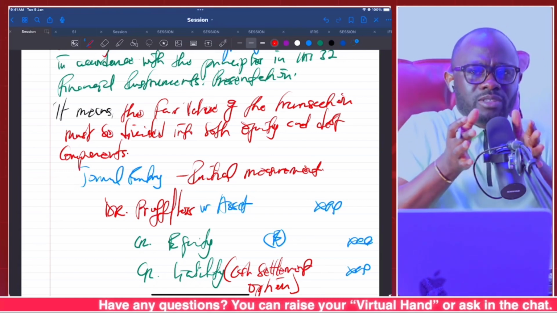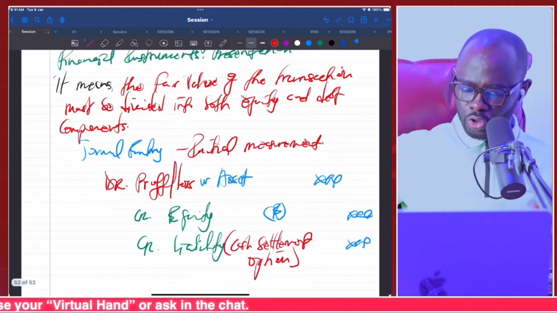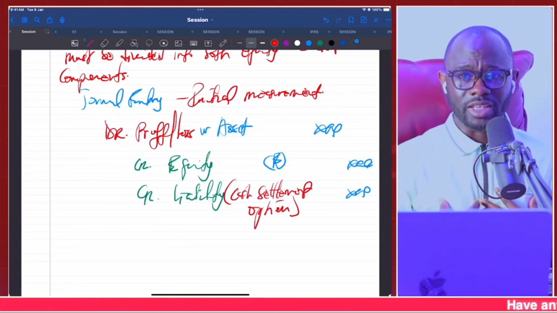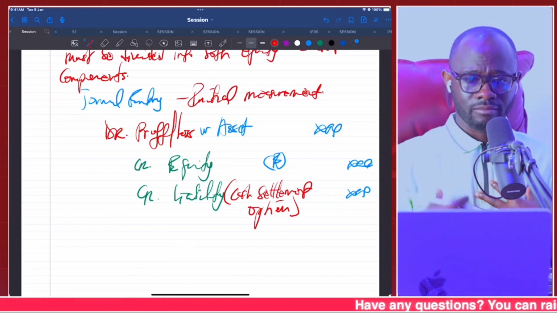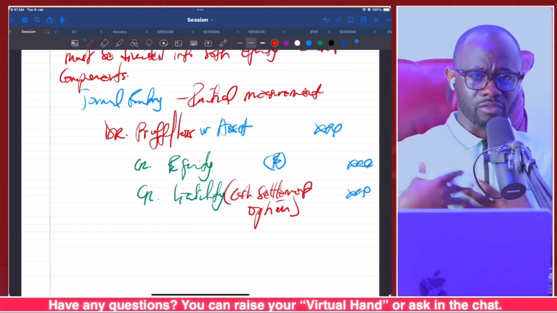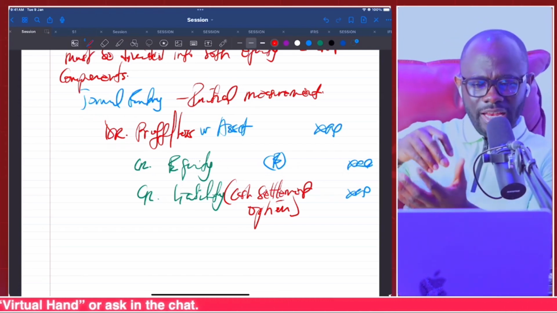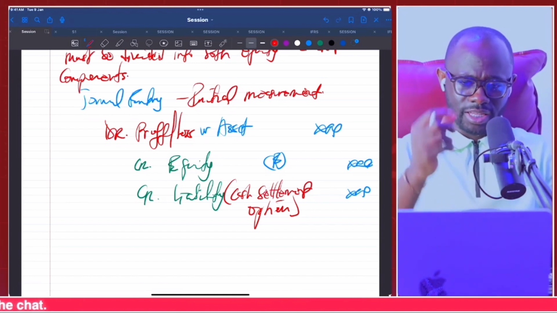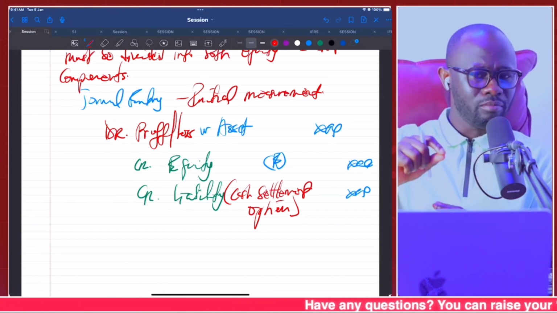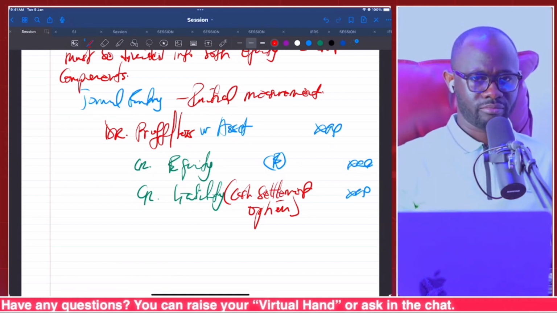How do we do that? It means we must split the transaction into debt and equity. So whatever we bought, if it is a service, an employee has rendered a service, then we debit P&L operating expenses. But if we bought inventories or PPE from you, then we debit the asset. Now, the money we owe you must be split into debt and equity. What goes into the liability part is the cash settlement option in the deal.